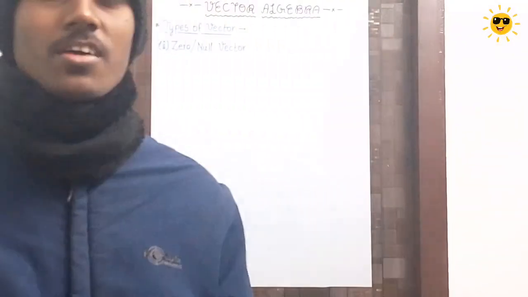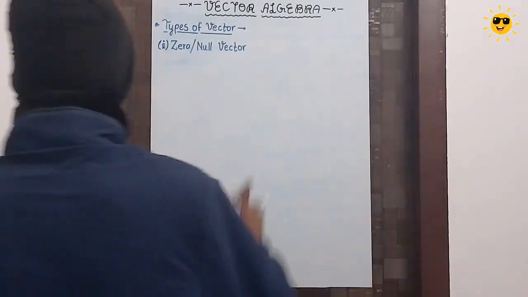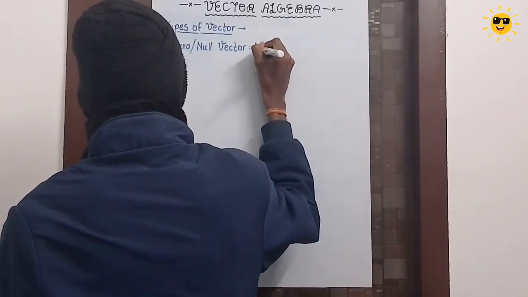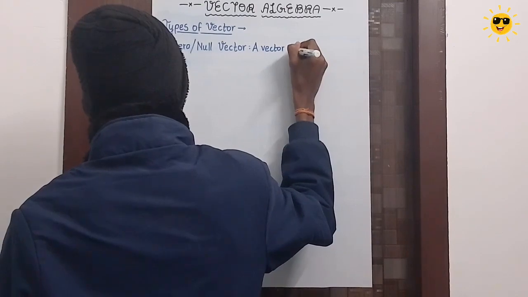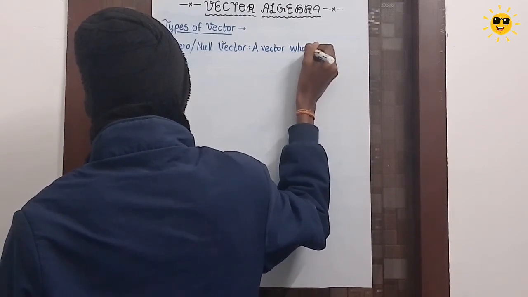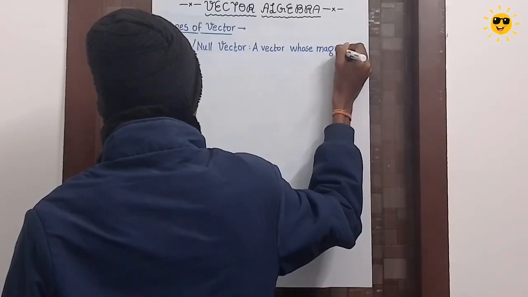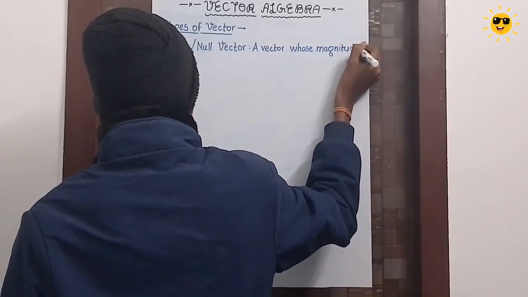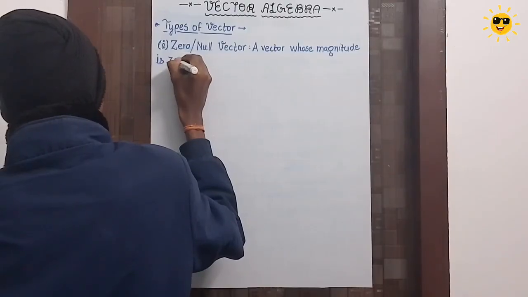Zero vector means a vector whose magnitude is 0.